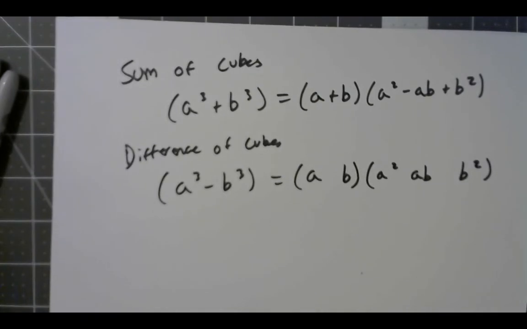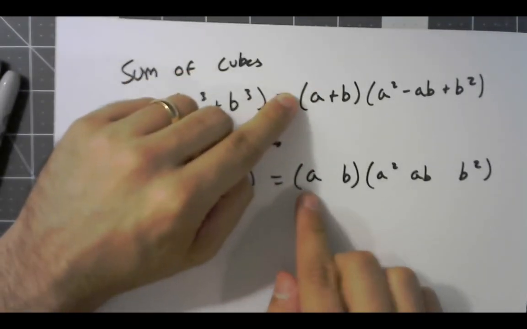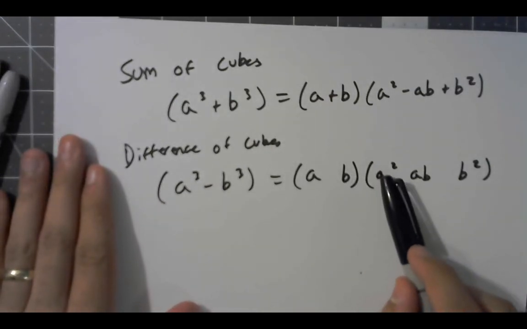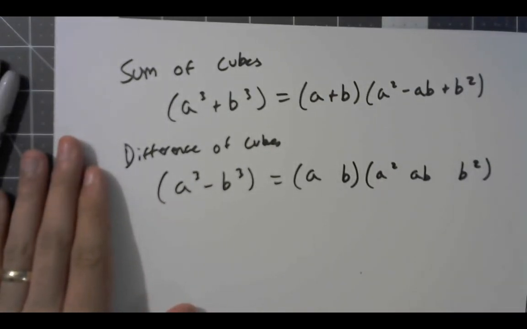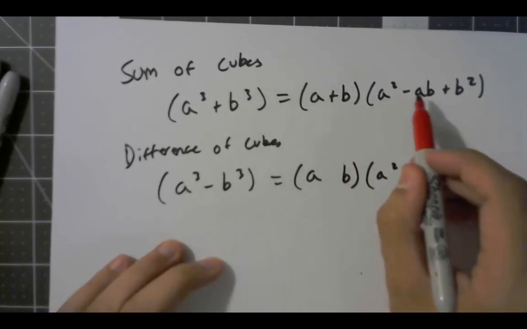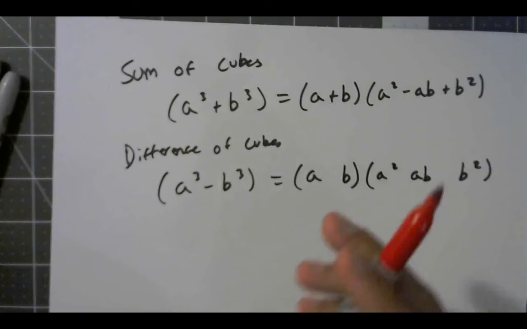If you see here, these are going to be the exact same every time. You're going to have the first thing, the second thing, a squared, ab, b squared. All that's going to change are the signs in here. Our little acronym for this is SOP.